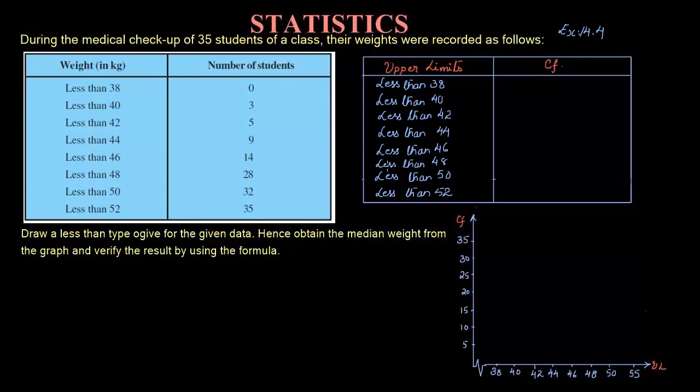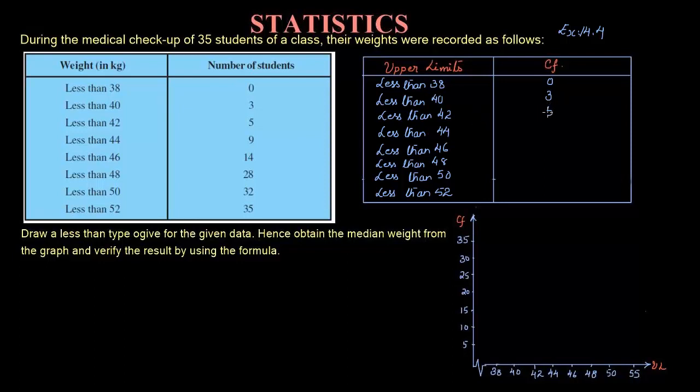And I have already told in the previous video, whenever the data given to you is in less than or below than type, then the frequency that is being provided to you is not the normal frequency, it is the cumulative frequency. So for this question, we need not find the cumulative frequency as well, because the data is in less than type and the frequency is obviously the cumulative frequency. So let us just copy it from here.